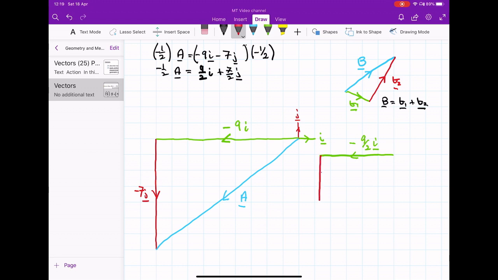So that's minus 7 over 2j, giving us the resultant vector of a half a. Now that is a half a, not minus a half a. To get minus a half a, we have to turn it in the opposite direction, flip it around, and now we have minus a half a.